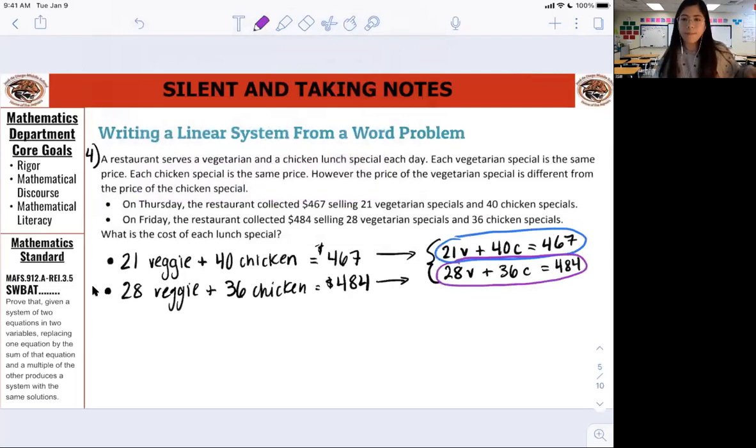Think about it for a little while, and you can put your answer in the chat for me. So what should I multiply on the top? What should I multiply on the bottom?